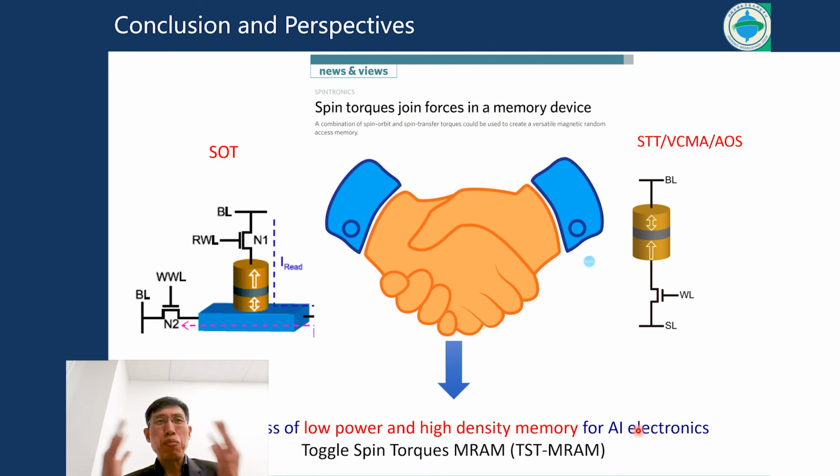Larger memory brings smarter intelligence. Low power brings long lifetime, like our brains, where small energy can work for a long time.